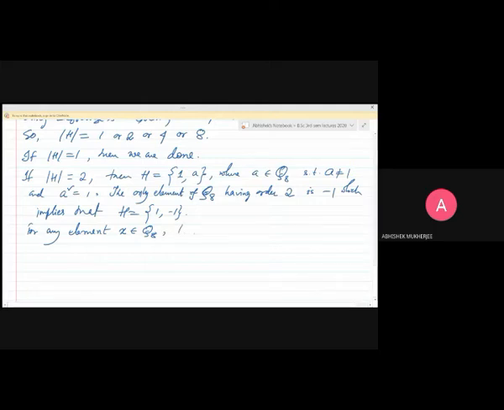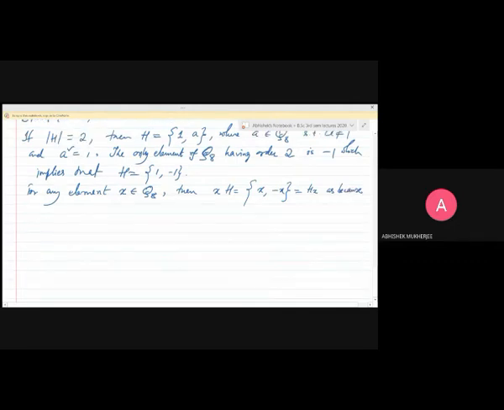Then what is your left coset determined by x? The left coset of H determined by x. Then xH, what is xH? xH is {x, -x}, equal to Hx.